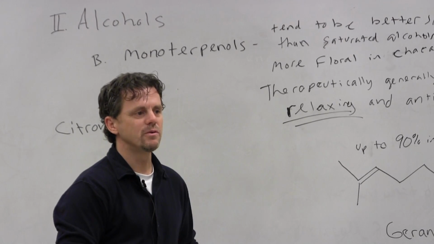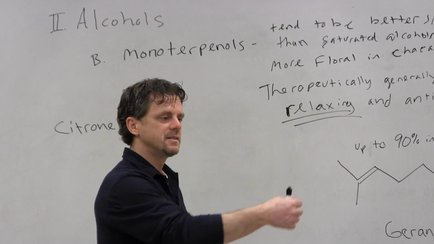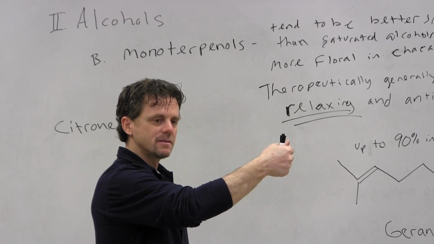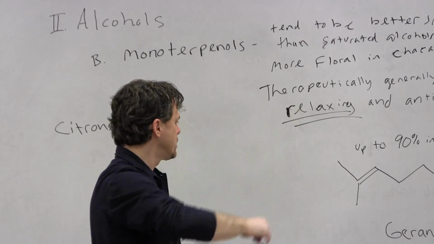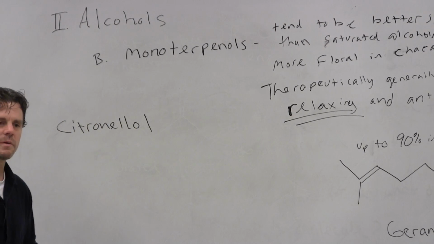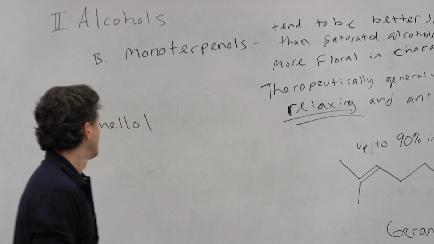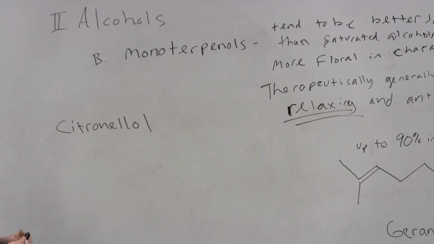A lot of people use it. You've probably smelled it before in tiki torch lamp fuel that you light, and candles. It repels bugs, supposedly. It doesn't really work, but people think it does. So yeah, citronellol, another important one.